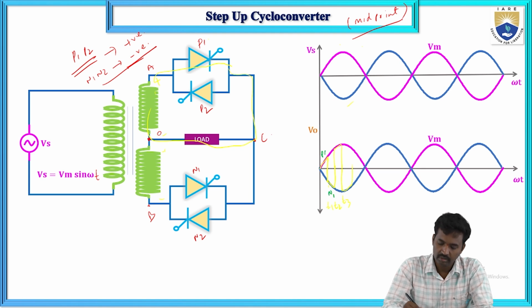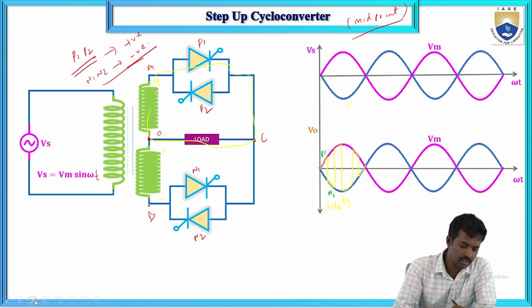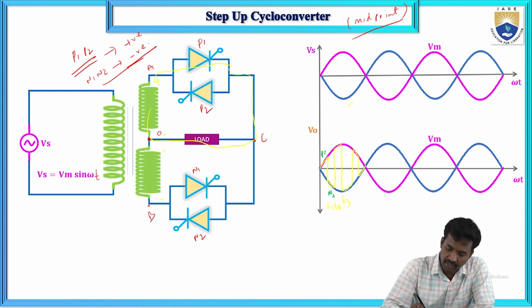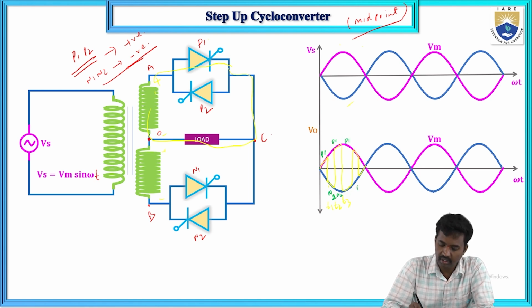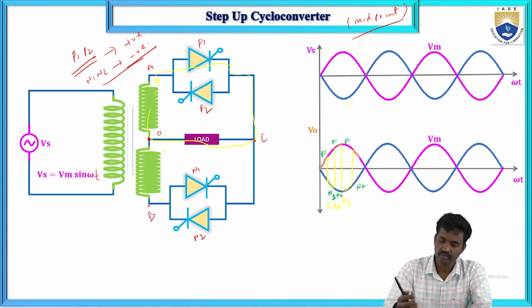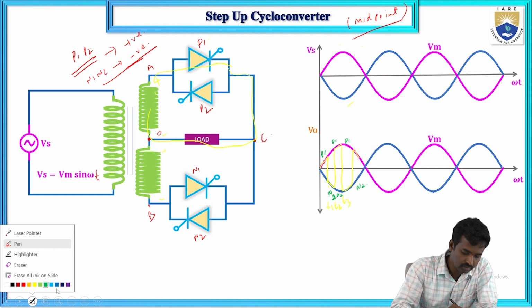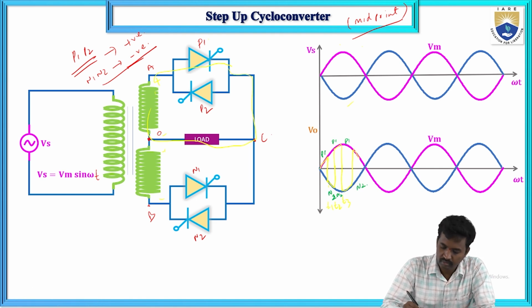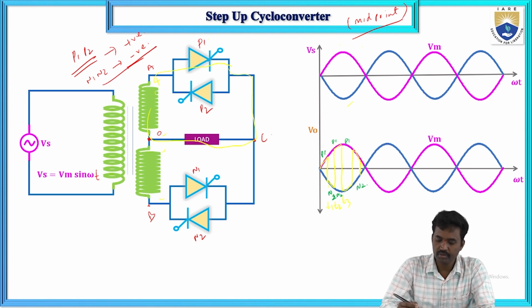This is the case. Here this is N2, this is P1, and here N2, and this is P1, and again N2. The N2 switch will conduct.